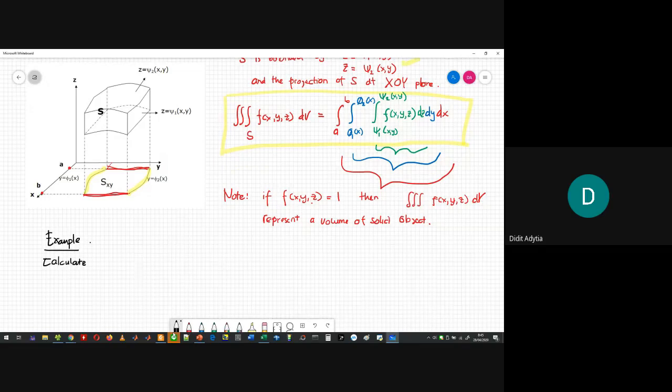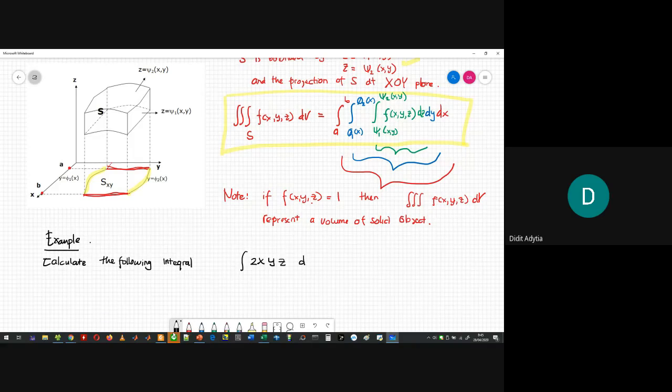calculate the following integral. Okay? So this is quite complicated. The function is not 2x. Sorry, ya benar, 2xyz.